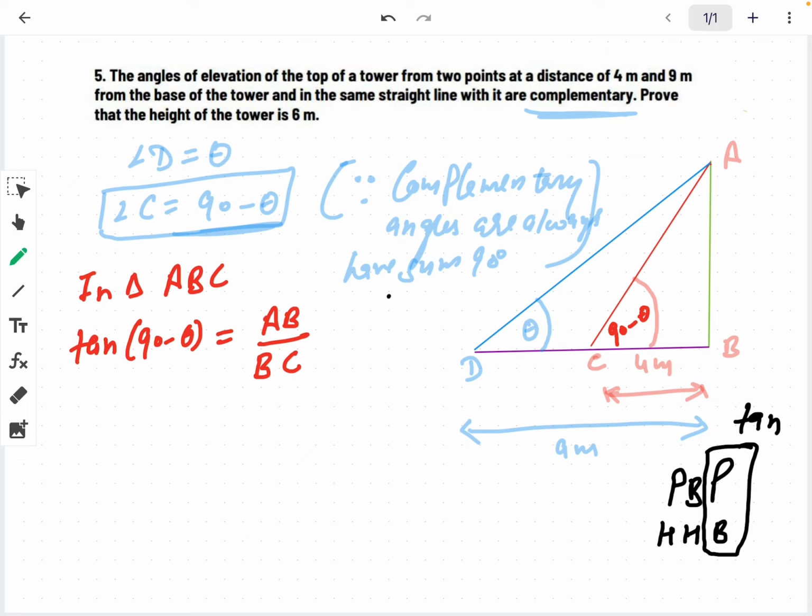Here AB is our perpendicular, BC is our base. So we have written AB upon BC. We will give it equation number 1.